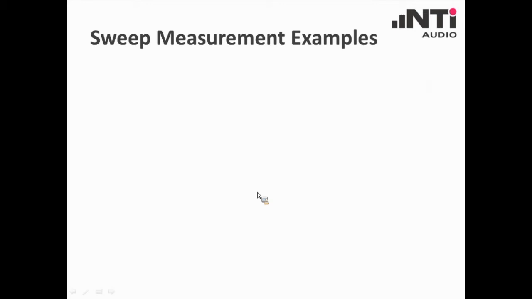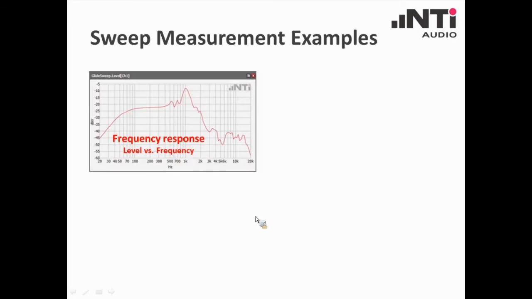Well, when we talk about sweep measurements, we should also clarify the wording, in order to avoid any ambiguity or misunderstanding. First of all, we usually talk about the frequency response as the measurement of the level here on the y-axis versus the frequency.